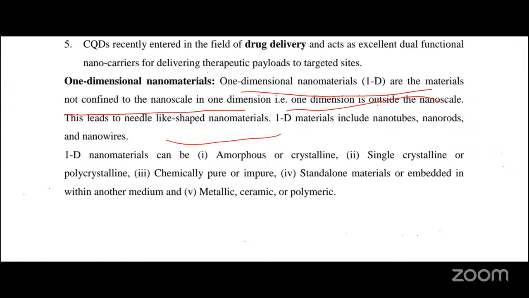These are the properties applicable to one-dimensional materials: amorphous or crystalline, single crystalline or polycrystalline, chemically pure or impure, standalone materials or embedded within another medium, and metallic, ceramic, or polymeric.